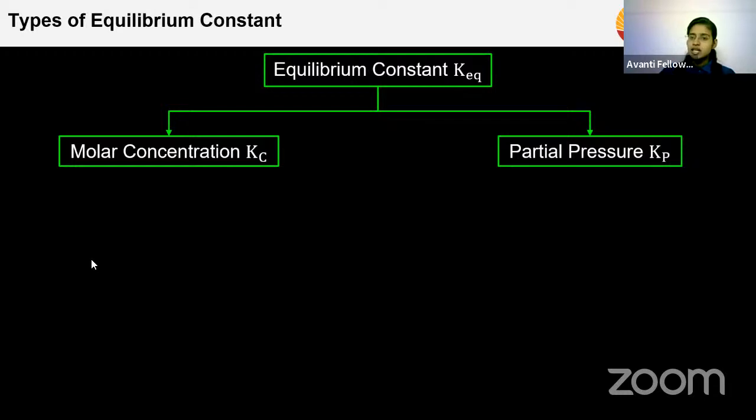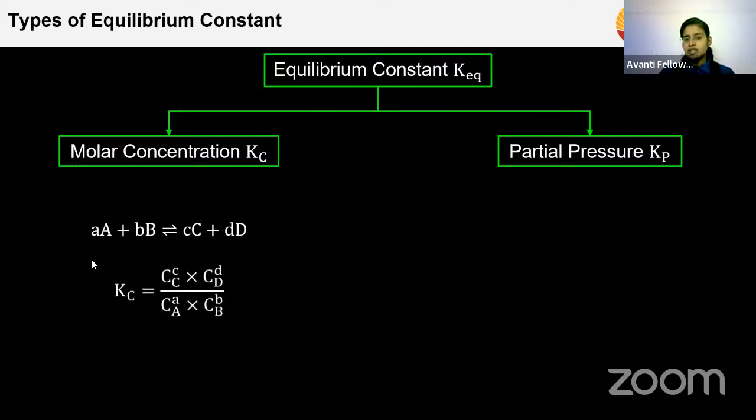Both Kc and Kp are called equilibrium constant only. But the first one is in terms of concentration, the second one is in terms of pressure. That's all.